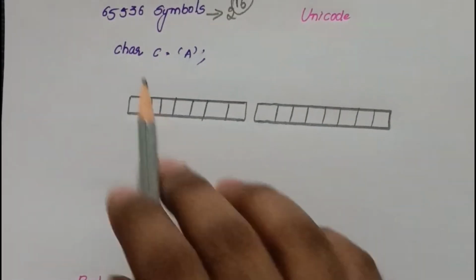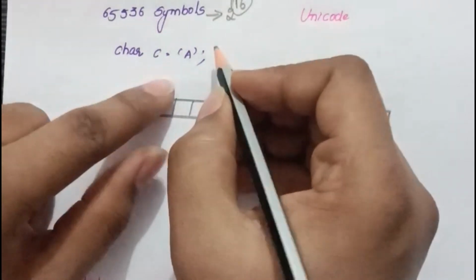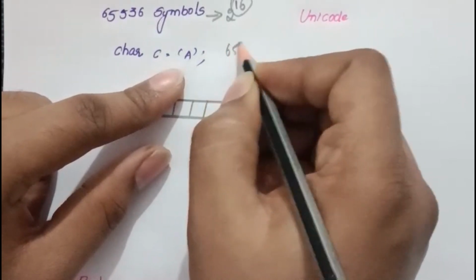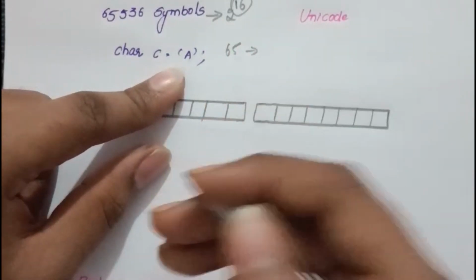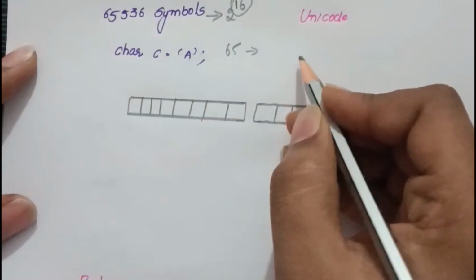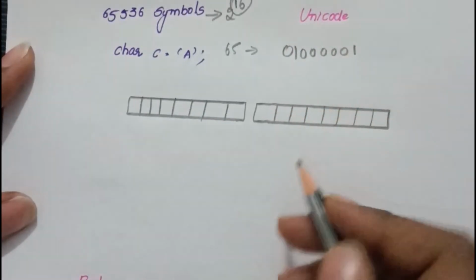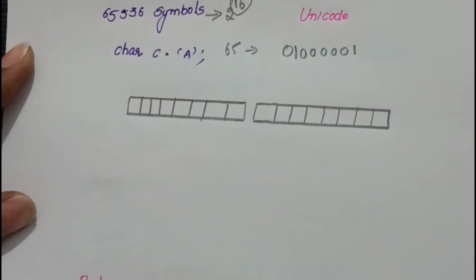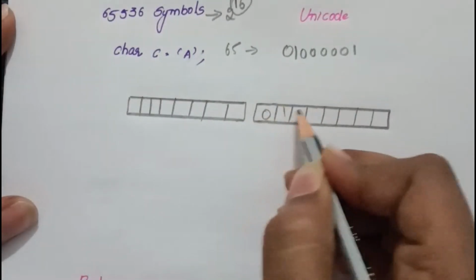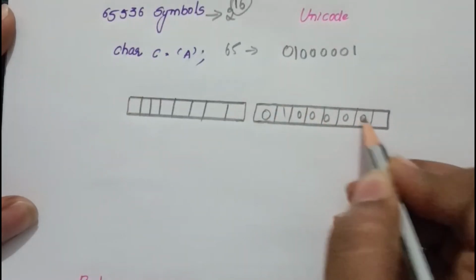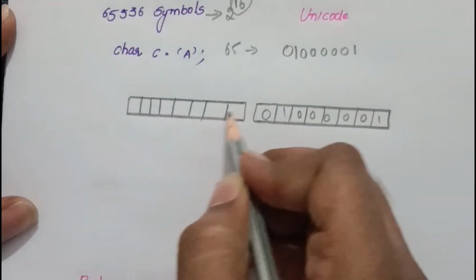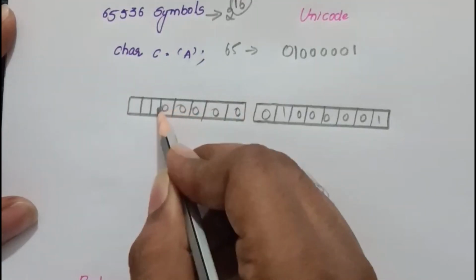When we declare char c equals to a, what's the ASCII value of a? 65. If we convert it into zeros and ones, it will be 01000001. సో అల్టిమేట్గా జావా మనకు 2 bytes ఆఫ్ మెమొరీ అనేది అలొకేట్ చేసింది సికి. వీ విల్ స్టోర్ హియర్ ఆల్ ద zeros and ones and the remaining byte will get stored as 00000000.